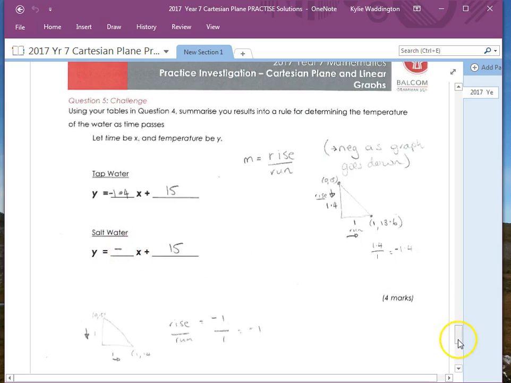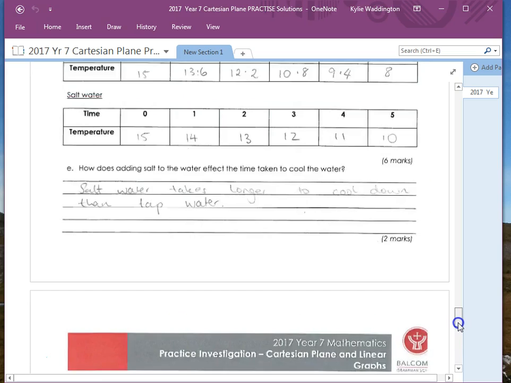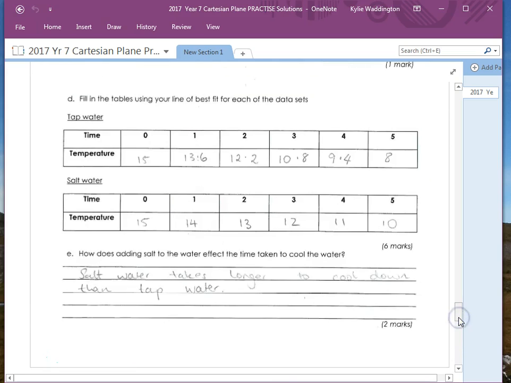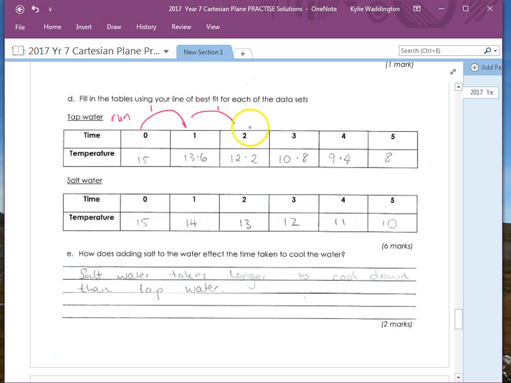Another way of finding the gradient that you might have done in class is using the table to do so. So you're working out the differences here. For time, or our run, because it's our x value, it goes up by 1. So each step is 1.